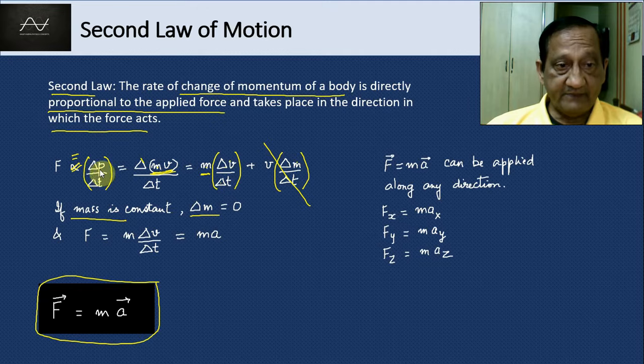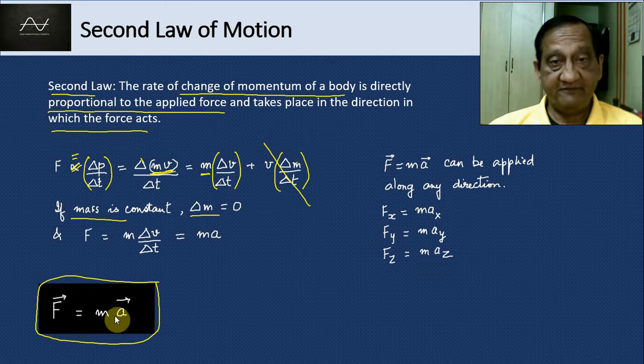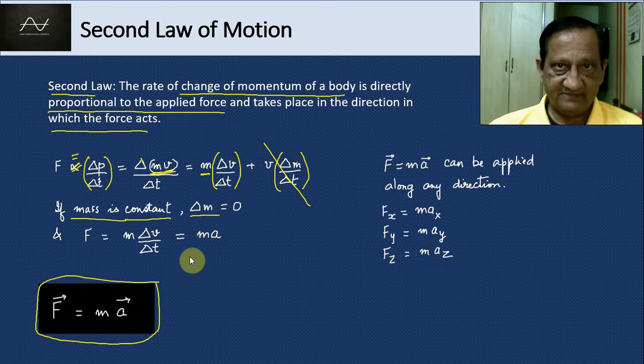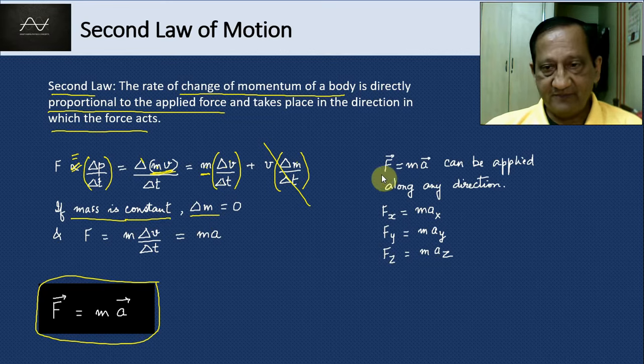F equals delta P by delta T converts to F equals ma if the mass is constant, which is the case in 95% of the cases, but generally no. Now, if mass is constant, then we write F equals ma and it can be applied along x, y, z. The x component of the force is equal to mass into the x component of the acceleration, similarly for y and z.